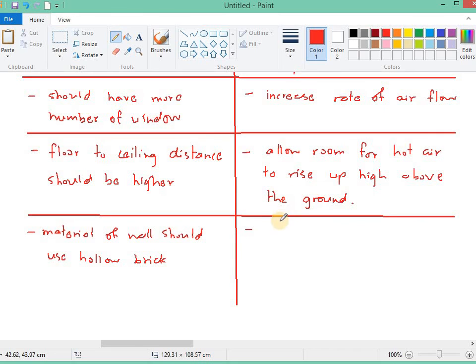The explanation: air in the space in the wall acts as a good heat insulator.